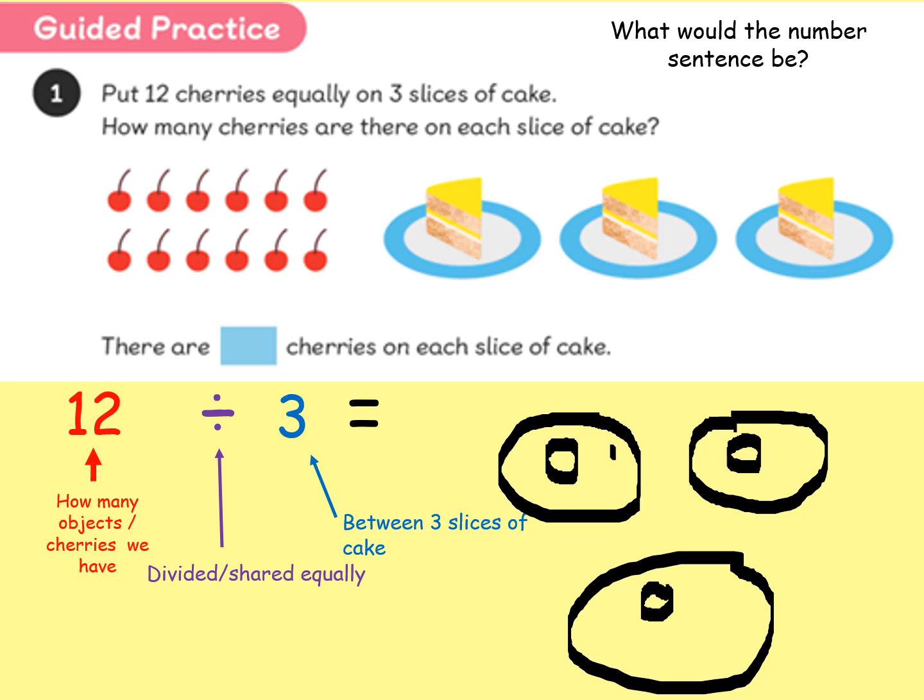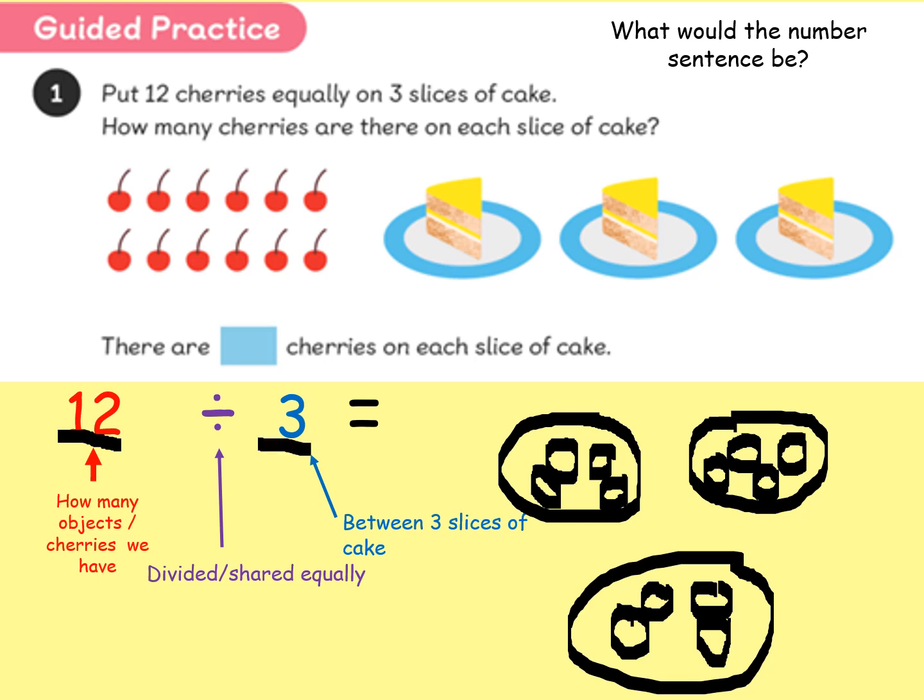I'm at 3, 4, 5, 6, 7, 8, 9, 10, 11, 12. Right, so I shared out my 12 cherries into my 3 groups, into my 3 slices of cake.